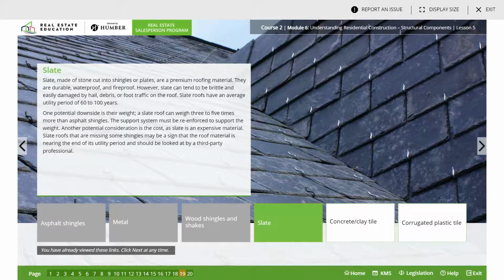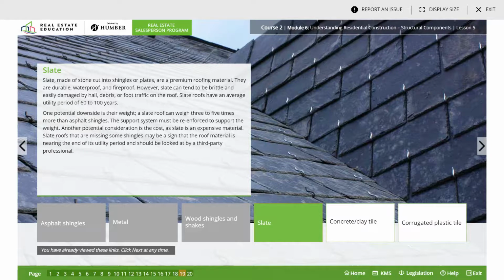Yeah. And then there's slate. Slate is made of stone cut into shingles or plates that are premium roofing materials. So they are durable, waterproof, and fireproof. However, they can be brittle and easily damaged by hail, debris, or foot traffic on the roof.